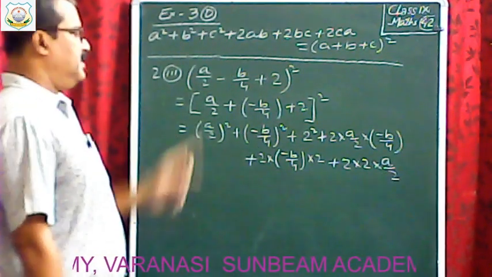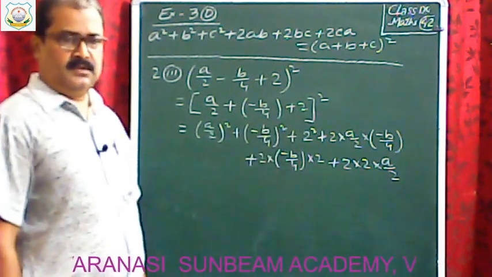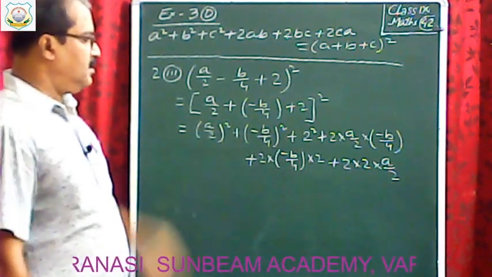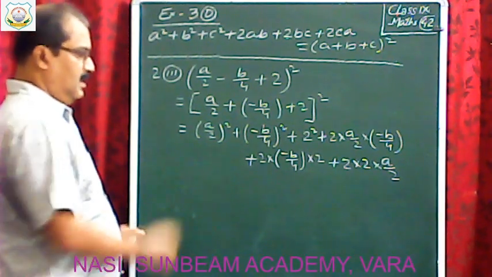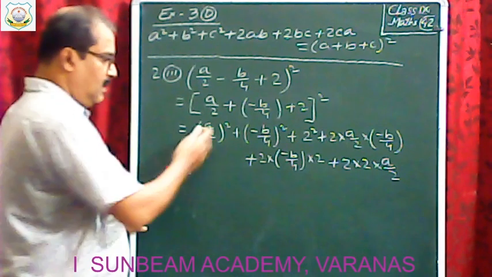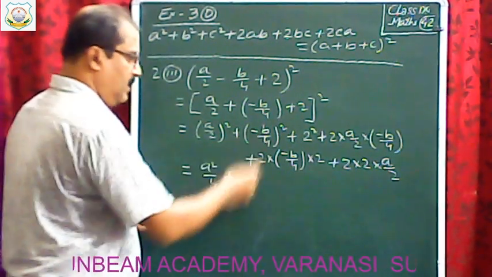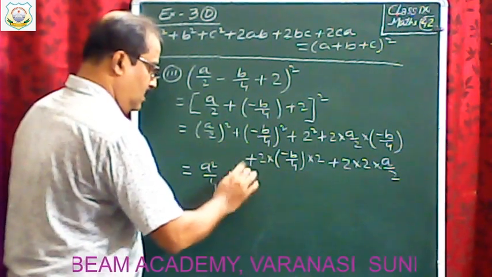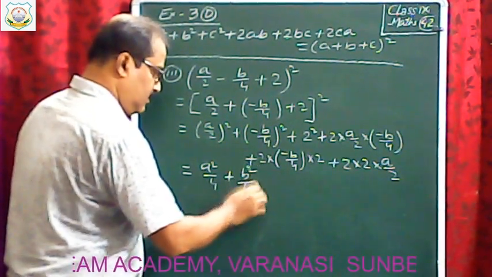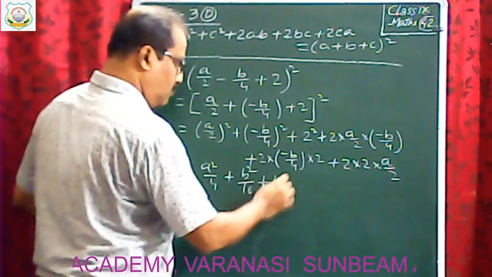The part of a is a by 2, part of b is minus b by 4 and part of c is 2. So accordingly you have to write in place of a, b, c the other terms, and after simplification you get a by 2 whole square equals a square by 4, plus minus b by 4 whole square equals b square by 16, plus 2 square is 4.